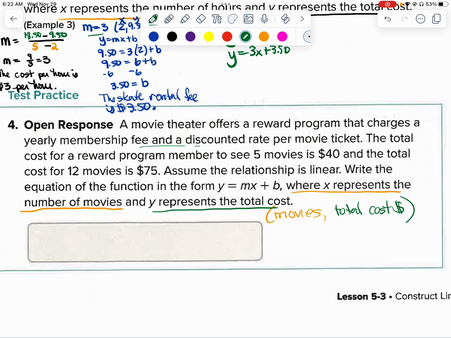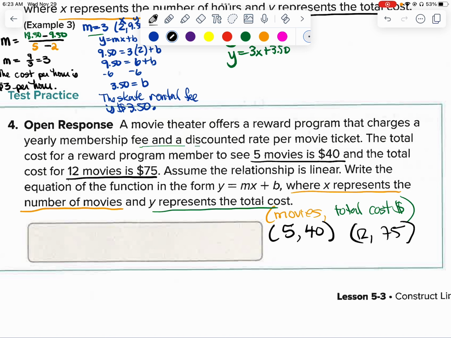which is money. If I look at the first one right here, it says 5 movies for $40. Then my second point right here says 12 movies for $75.